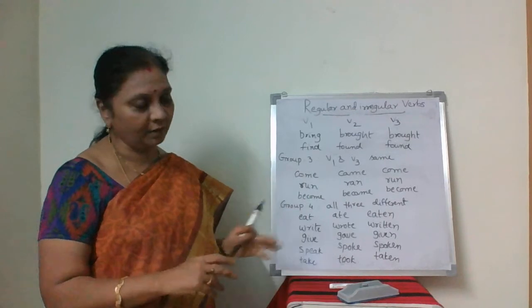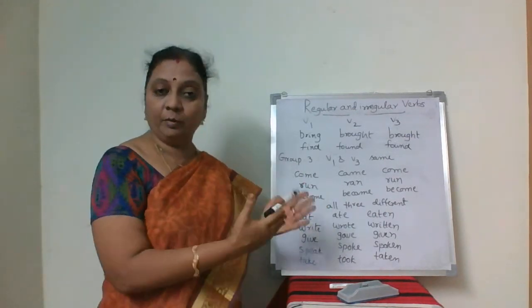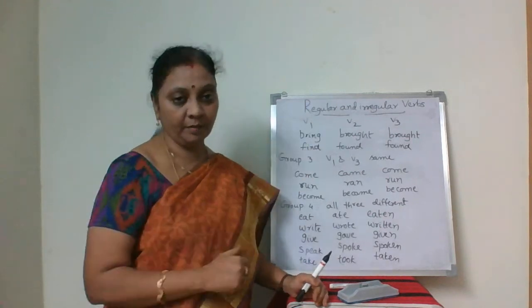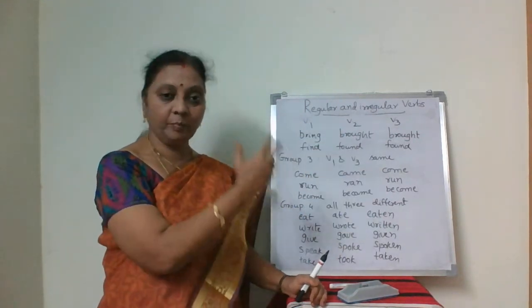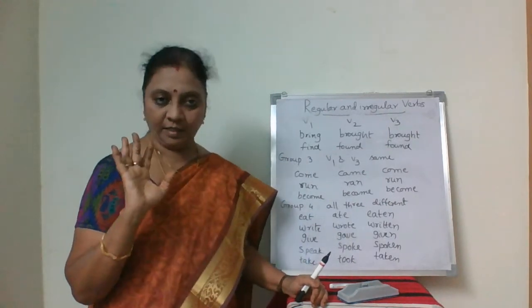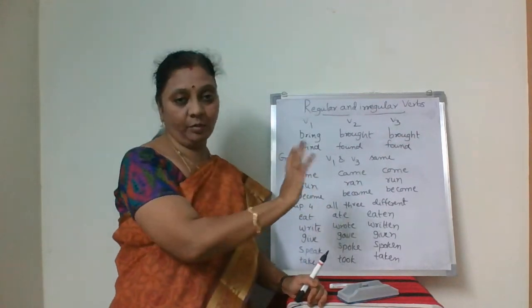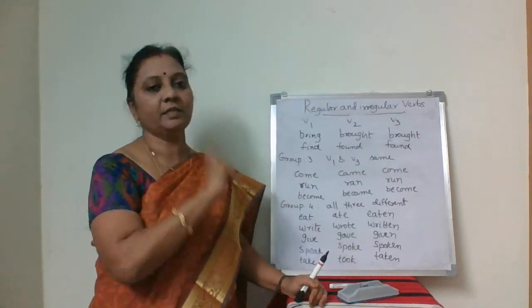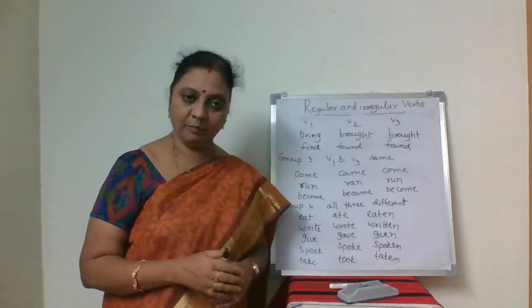Whereas irregular verbs follow a different pattern. In group 1, all three are the same. Second group, V2 and V3 are the same. Third group, V1 and V3 are the same. And fourth group, all three are different. In all the cases, there is no ed ending, isn't it? That is the only difference between regular and irregular verbs.